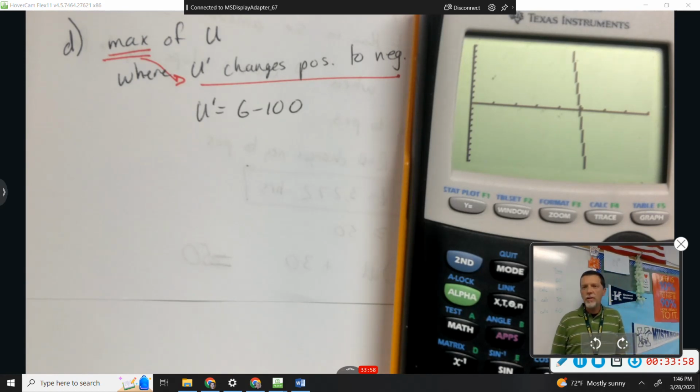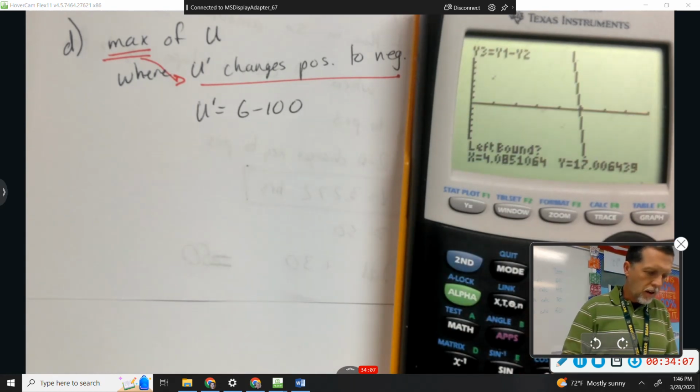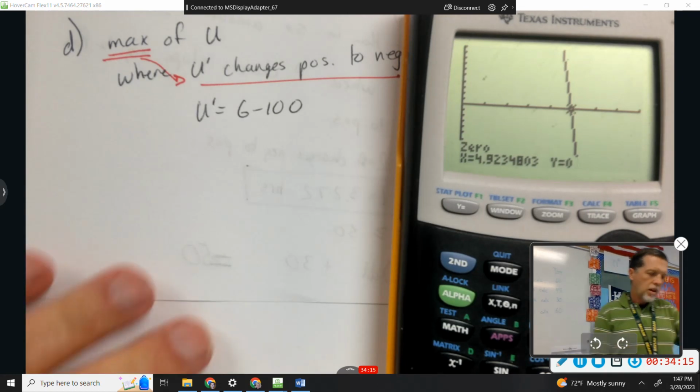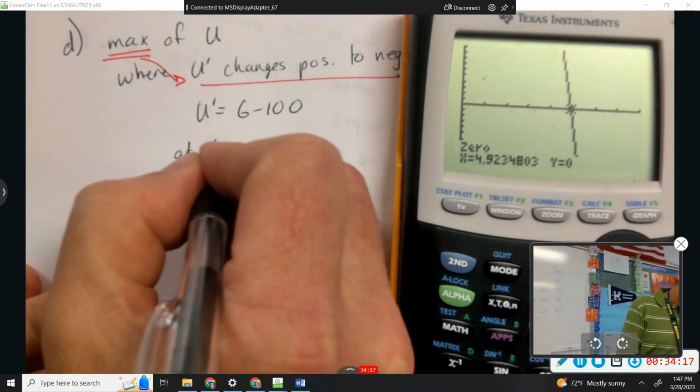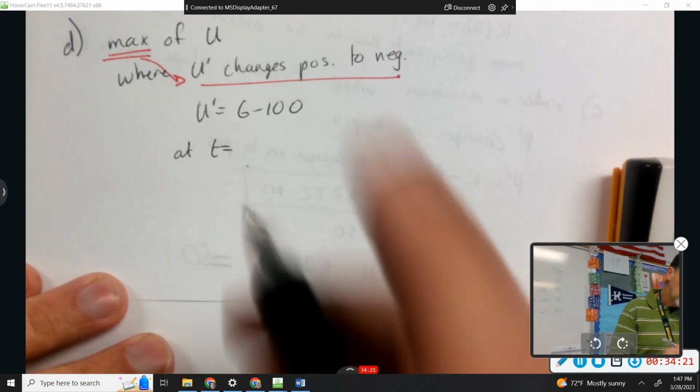Oh, there it is. Okay, so it's a steep graph. I don't see everything, but I don't really need to see everything. I just need to see where that point is. Yeah. So second calc 0. My cursor is not on the screen, but I can scroll until it is. Left bound, right bound, guess. At t equals 4.923.